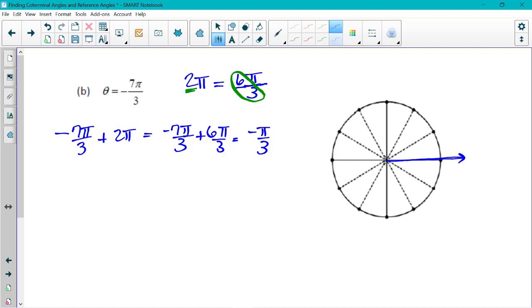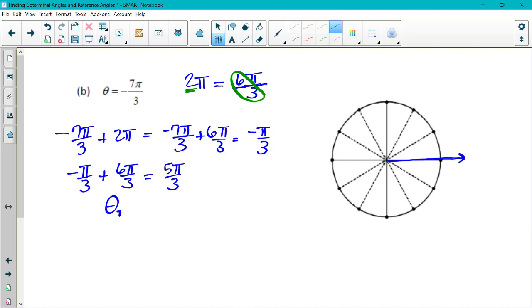But if you want to get to the least positive coterminal, then you just continue to add 2 pi until you get a positive angle. So I know 2 pi is 6 pi over 3, so I'm going to continue to use that equivalent fraction. So negative 1 pi over 3 plus 6 pi over 3 is 5 pi over 3.